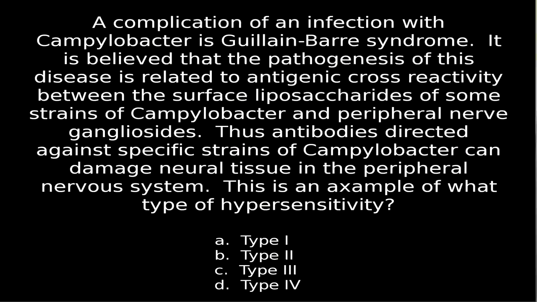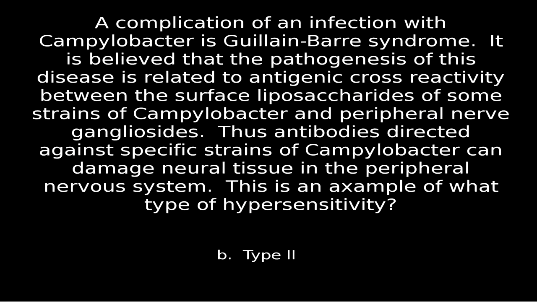So the antibodies directed against specific strains can damage neural tissue in the peripheral nervous system. So what is the example of this type of hypersensitivity? This is antigen antibody mediated, and that's type 2 hypersensitivity. I did this question to show you how sometimes they can get involved a lot with describing a disease, but at the end of the day, you've got an antigen antibody, it's type 2.